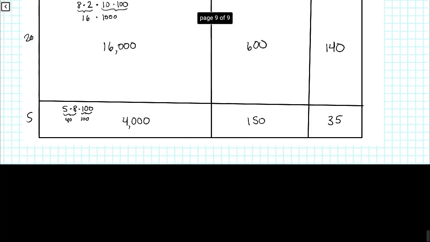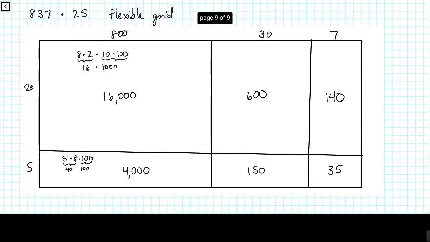So maybe what I do here is add down. 16,000 plus 4,000 is 20,000. 600 plus 150 is 750. And 140 plus 35 is 175.